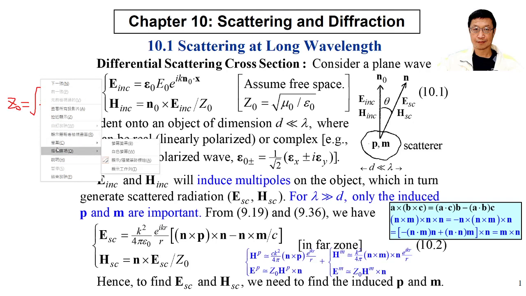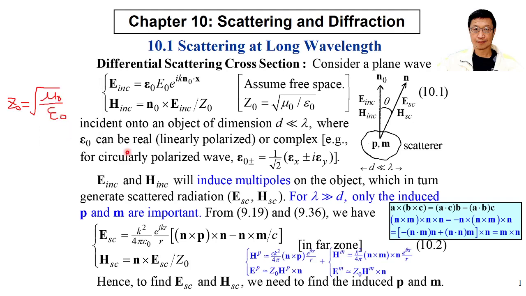You might be confused about a notation. Epsilon 0, what is epsilon 0 boldface? Once again, we use epsilon 0 to express the polarization. It can be linearly polarized or elliptically polarized.